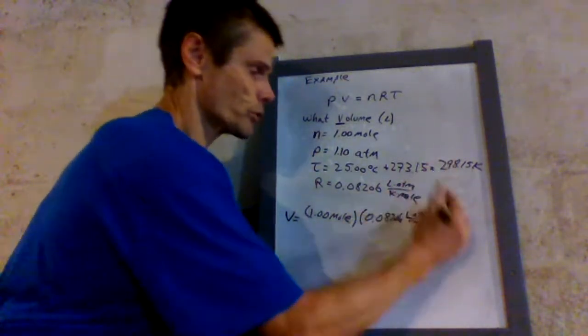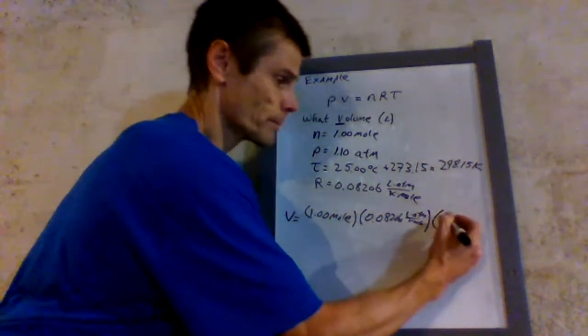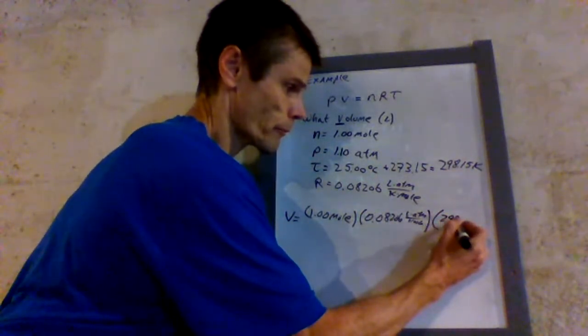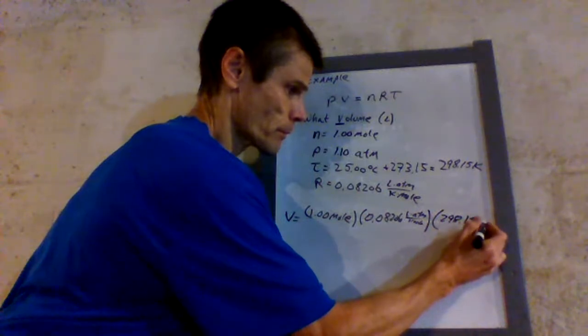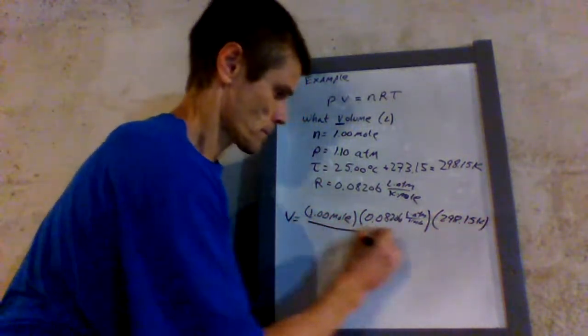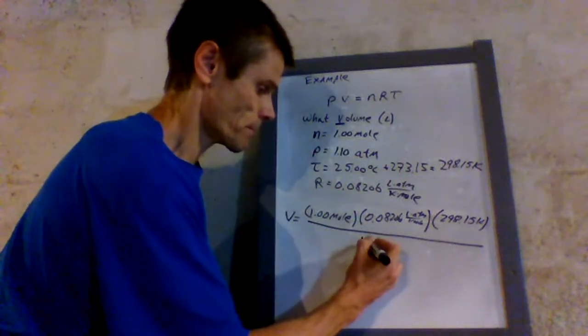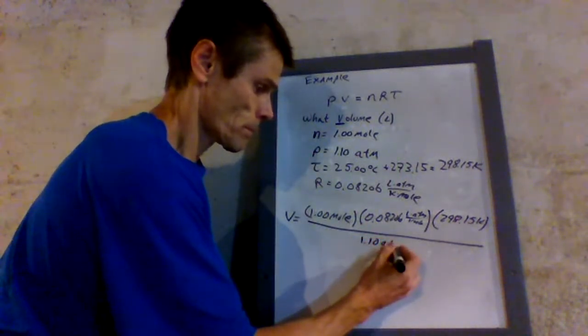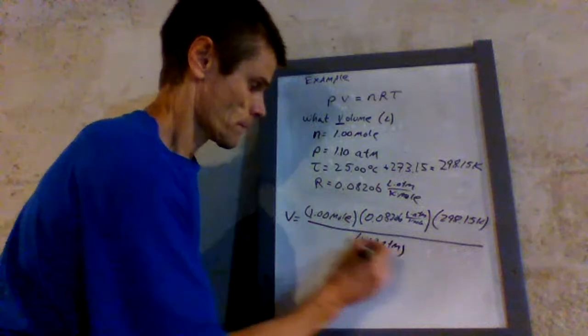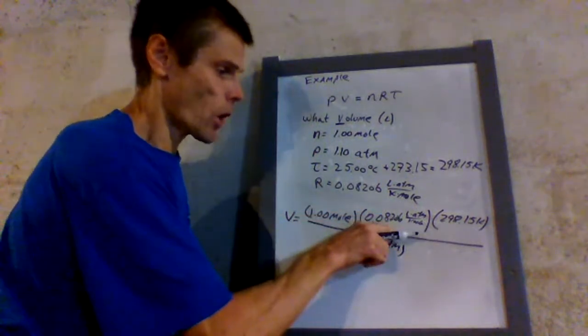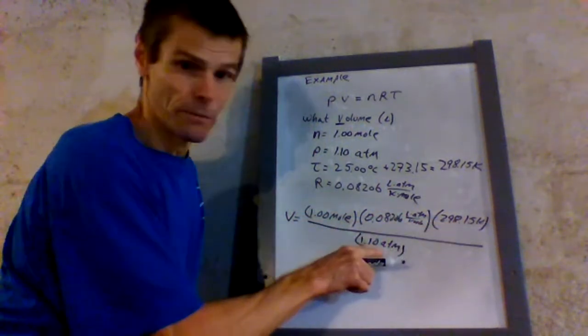T is our temperature that we've converted into Kelvin. P is our pressure, 1.10 atm.